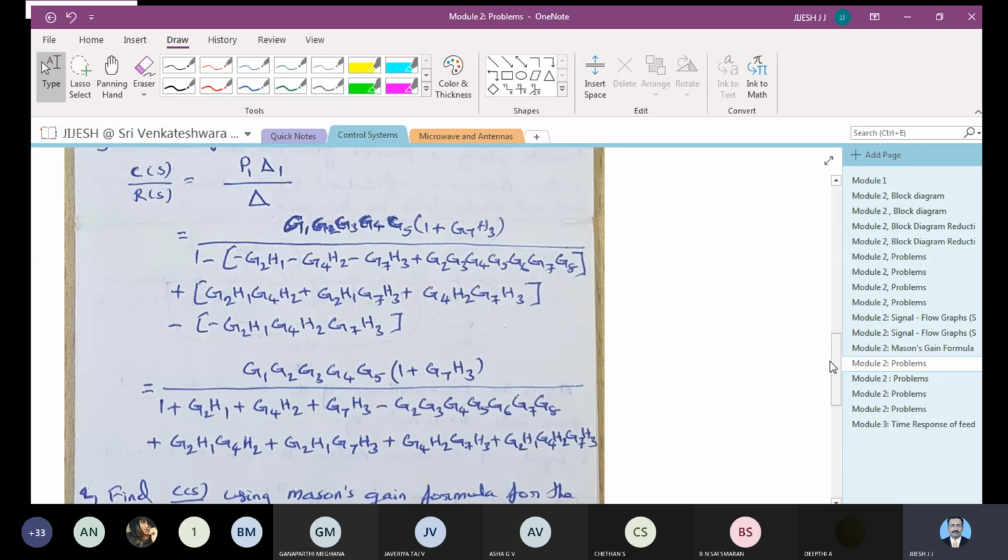The steps will remain the same, only the problem will change. Okay. So all of you write it and find out the transfer function C of S by R of S. If it's clear for all of you and you have completed, let me know that, so we'll continue further with the second problem.